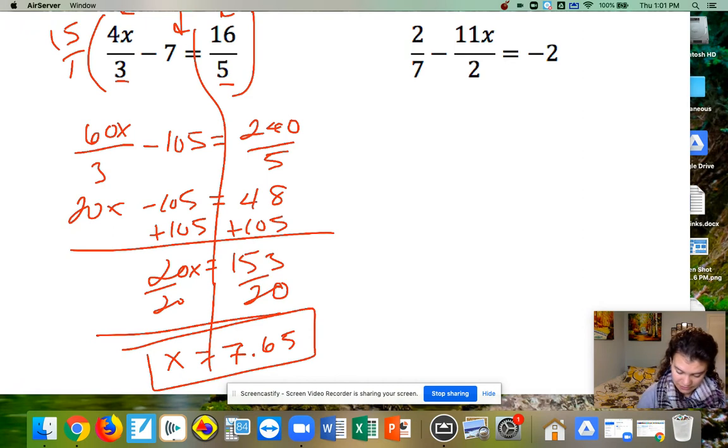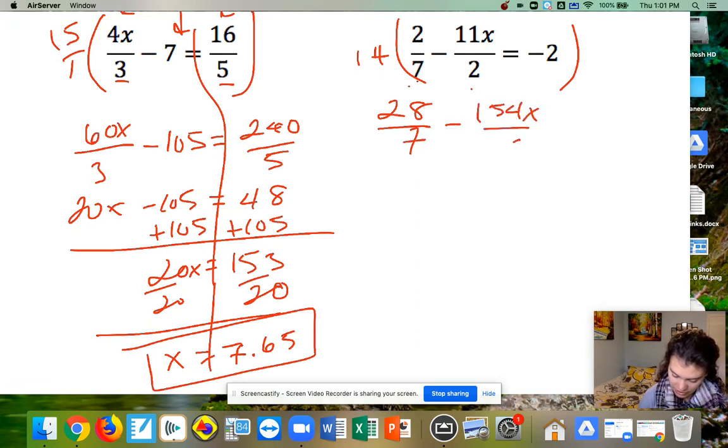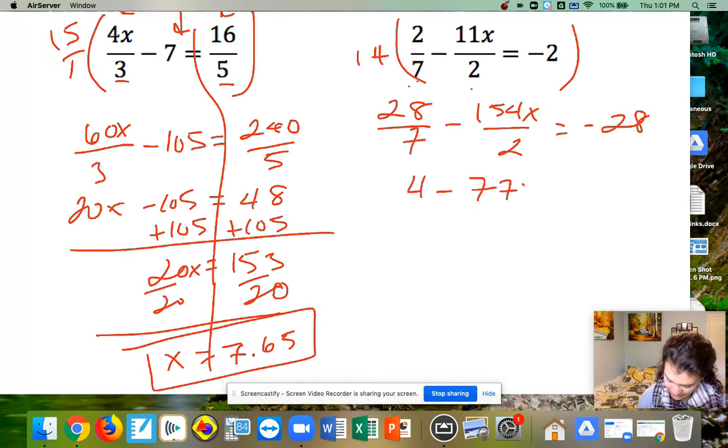Same idea with this next one. We want to get rid of the 7 and the 2, so multiply everything by 14. 14 times 2 is 28 over 7, minus 154x over 2, minus 28. And then simplify. So you'll get 4 minus 77x equals negative 28.